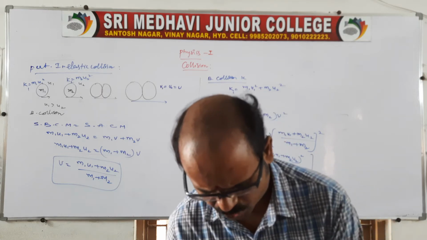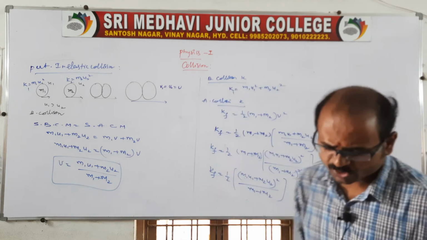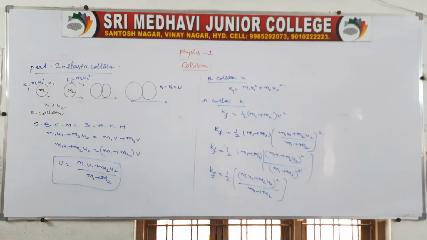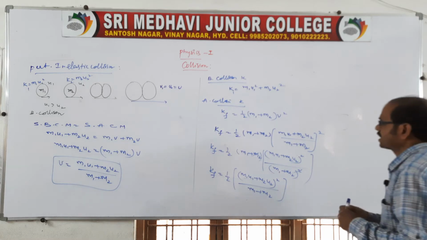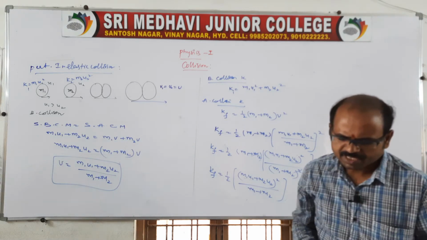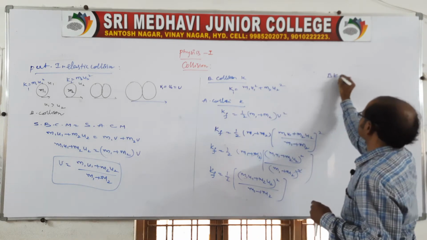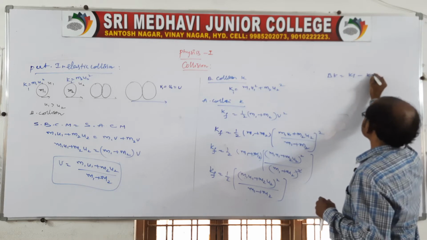We have the final kinetic energy as well as the initial kinetic energy. Now what we have to derive is that there is a loss in kinetic energy, because even in a perfectly inelastic collision the energy is converted into different forms. The loss in kinetic energy is delta K equals K initial minus K final.